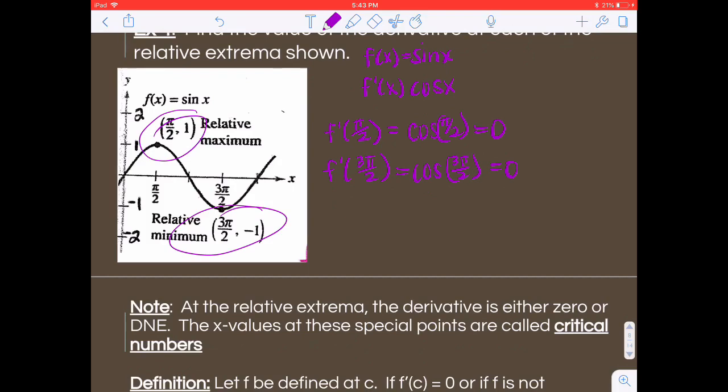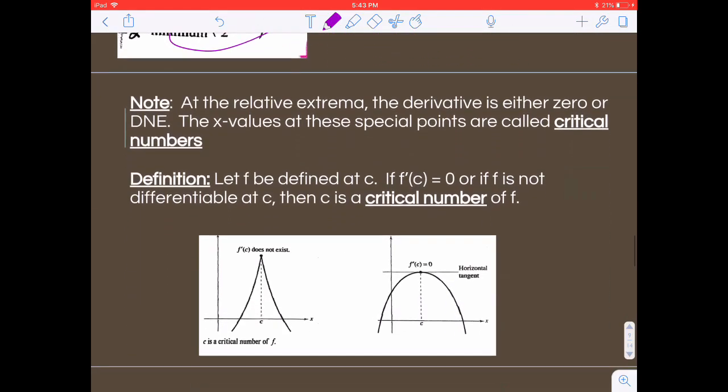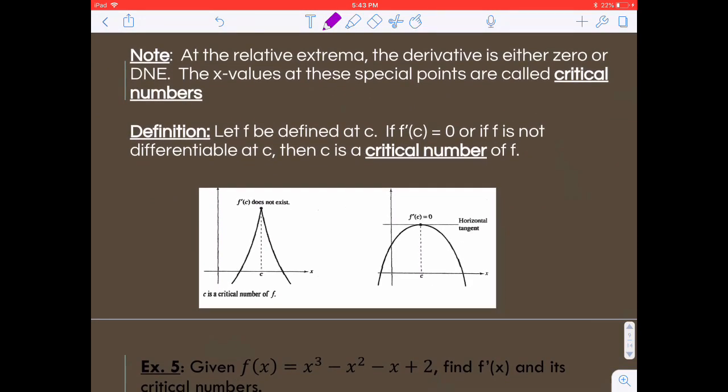Okay, so note at the relative extrema, the derivative is either 0 or it does not exist. The x values at these special points are called critical numbers. So, definition: let f be defined at c.